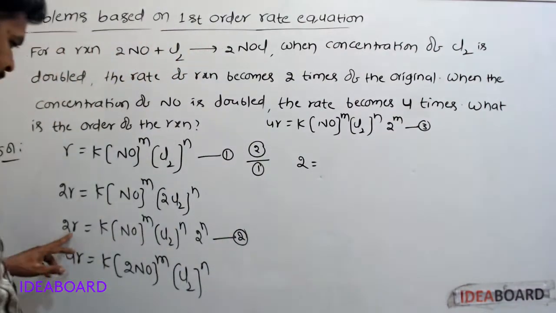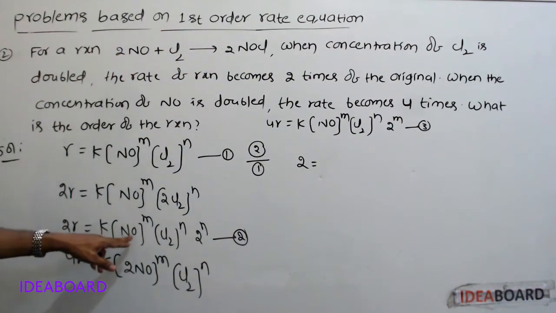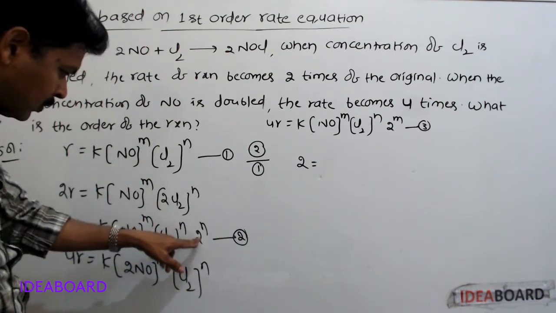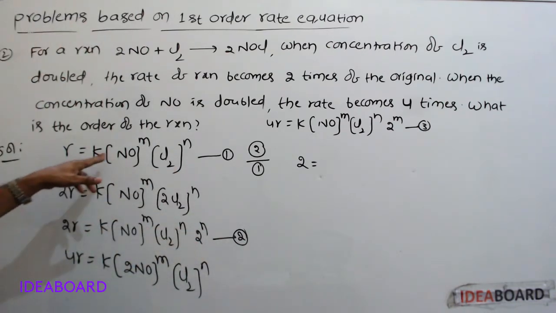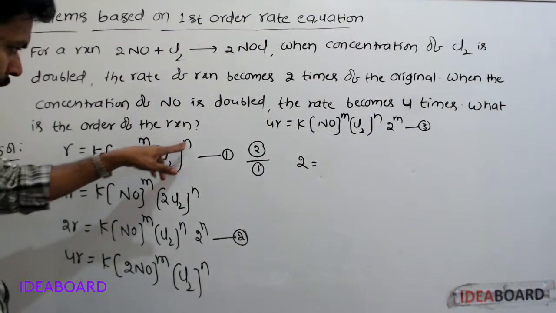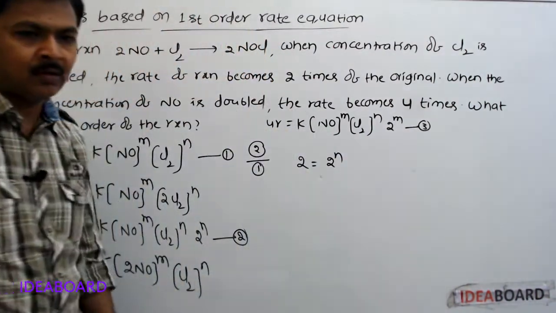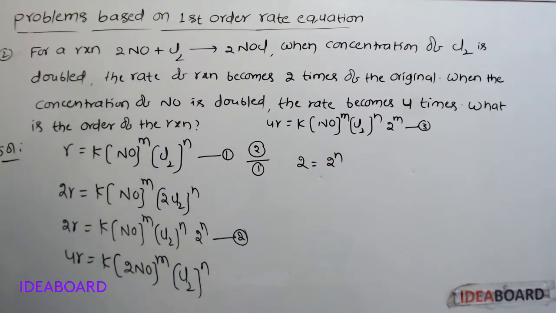So 2 is equal to k into NO concentration power m into Cl2 concentration power n into 2 power n, divided by k into NO concentration power m into Cl2 concentration power n. We will get only 2 power n. Remaining everything will be cancelled.